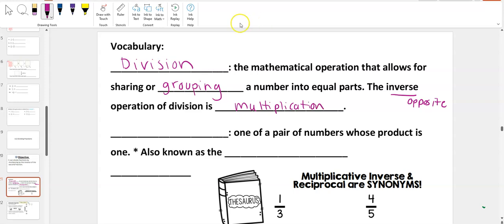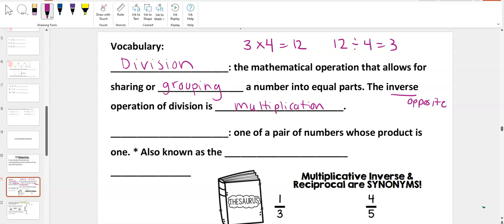Okay, and we should know this from elementary school: 3 times 4 would be 12, and so the opposite of that would be 12 divided by 4 is 3. These two operations work hand in hand together. And so if I want to undo something, I can just use the opposite or inverse operation to undo multiplication or division. But in this case, we're going to use the inverse operation and the inverse fraction, or reciprocal fraction, to basically divide fractions.